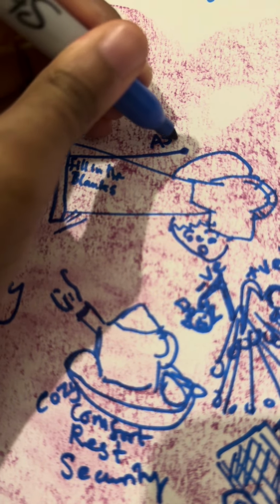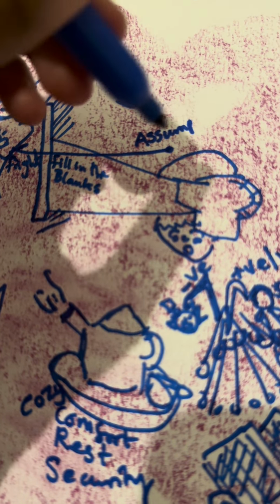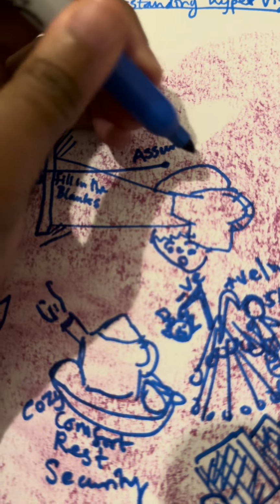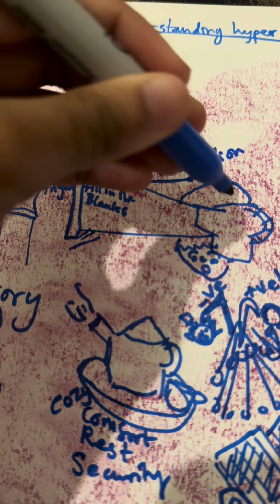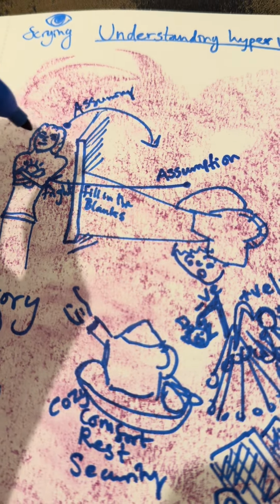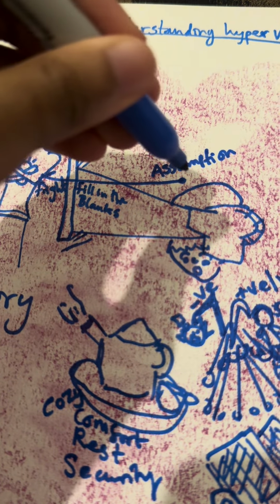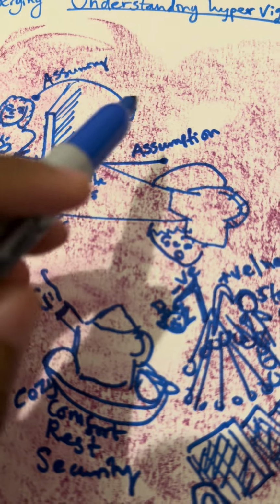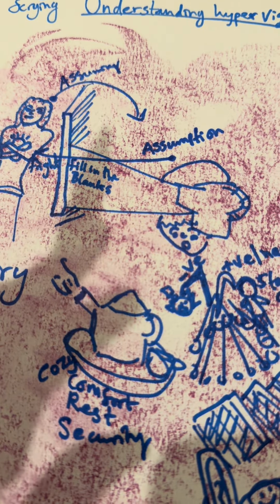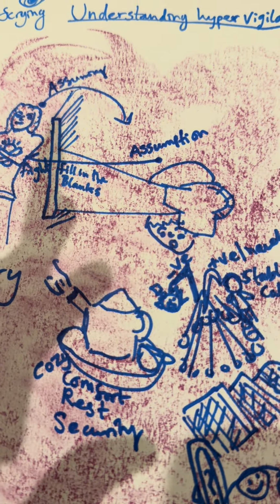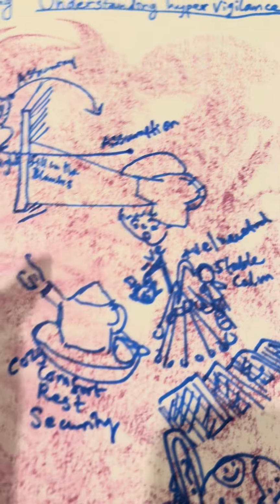So they're in an assumption loop where each party involved reinforces the other. And this is why, honestly, it is one of the most difficult things I have ever done in my life, to break free from hypervigilance.